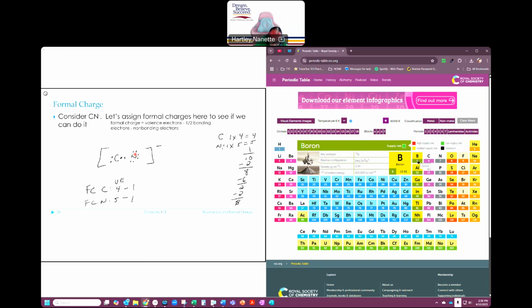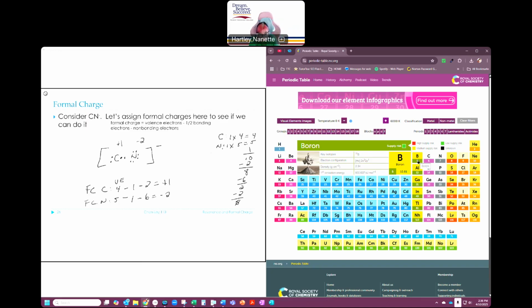And then the number of non-bonding electrons on the carbon is 2, and on the nitrogen is 6. So 4 minus 1 minus 2 gives me 1, which is a +1 charge on the carbon. And on my nitrogen, I have 5 minus 1 minus 6 is -2, which is a net -1.